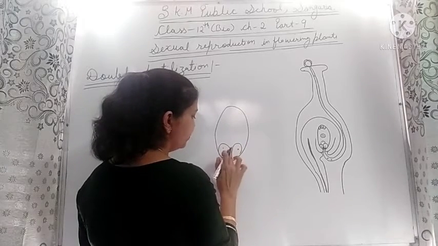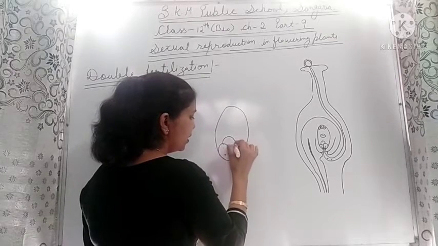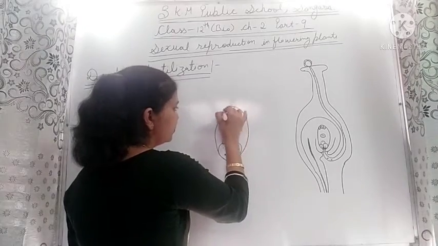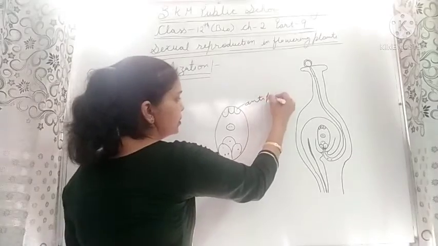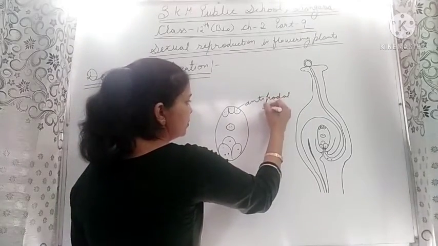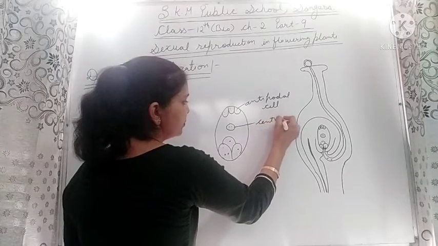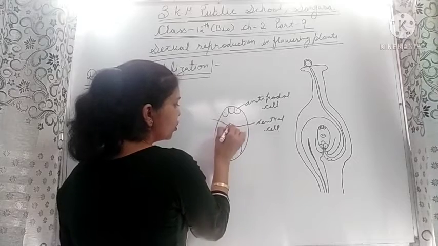Okay, these are the antipodal cells. This is the central cell that has 2 polar nuclei.